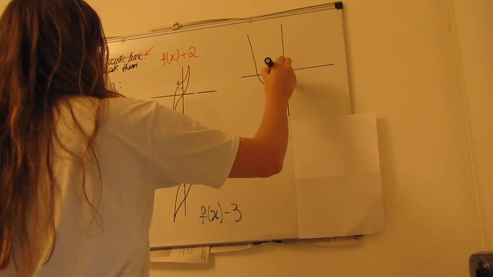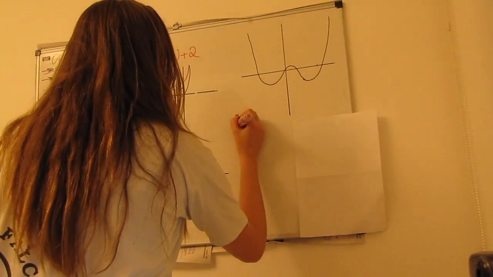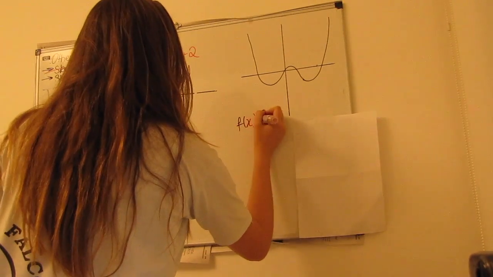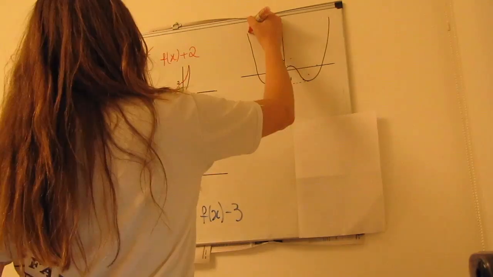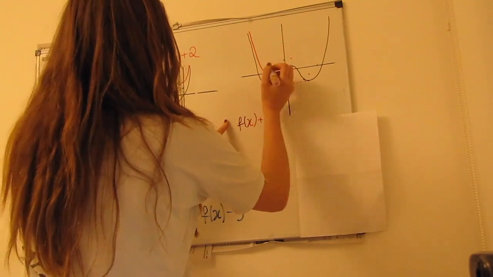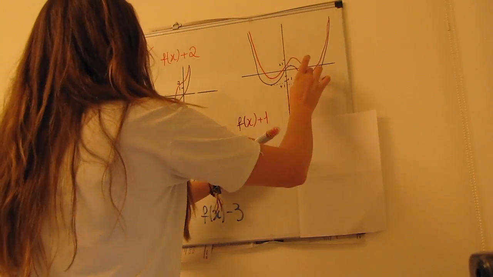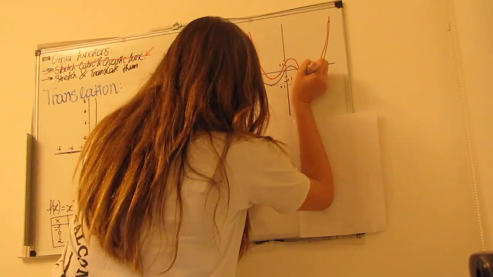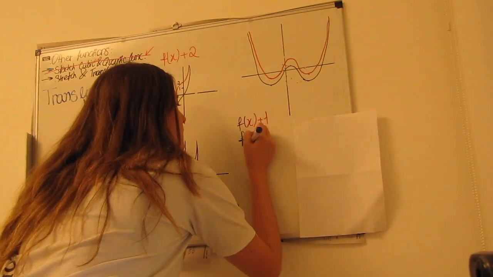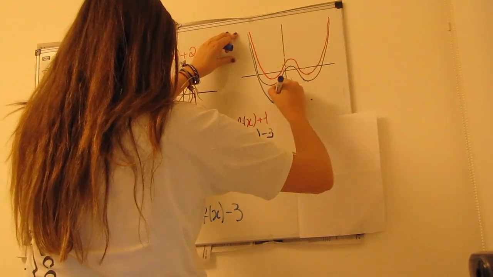Now very quickly I'm going to be sketching a quartic function just so that we know how it looks when there's a translation with a quartic function. Basically it's just the same thing. We plot all of the points downwards or upwards depending on the number that comes after the brackets of the f of x. So in the first example in red, we can see that the function is f of x plus 1 outside the brackets, and I'm drawing f of x minus 3 outside of the brackets.